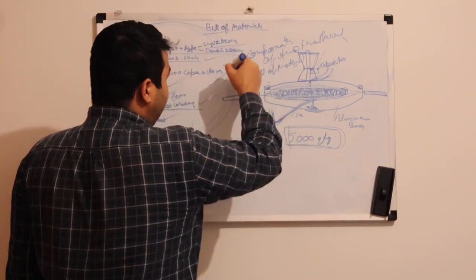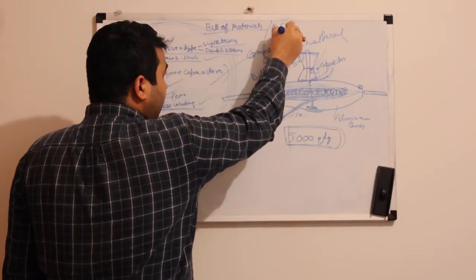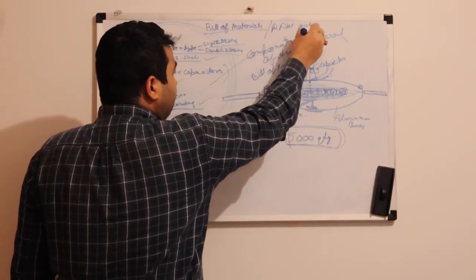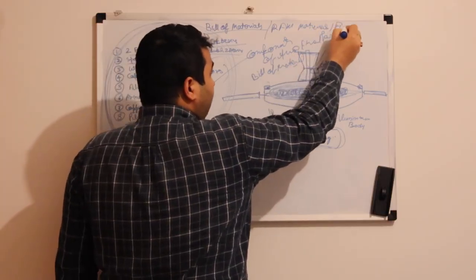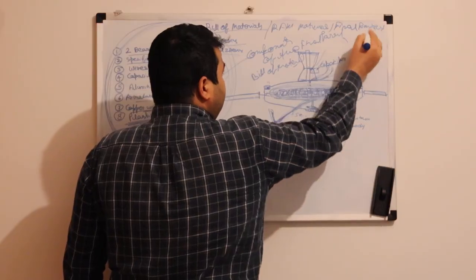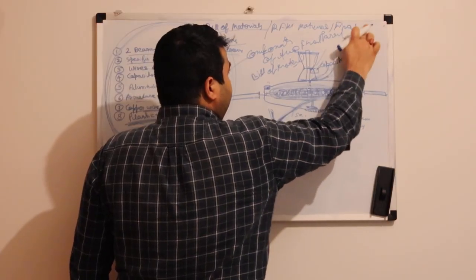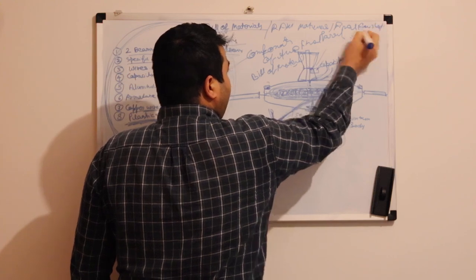So here two things come into the picture: bill of material, raw materials, plus final finished product.